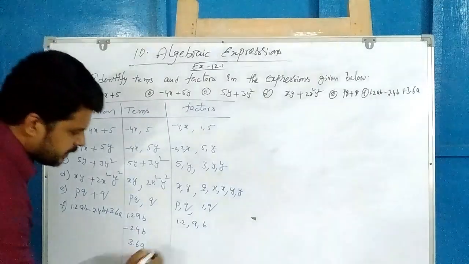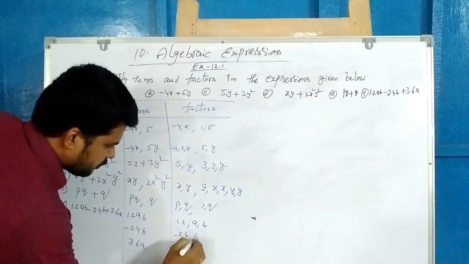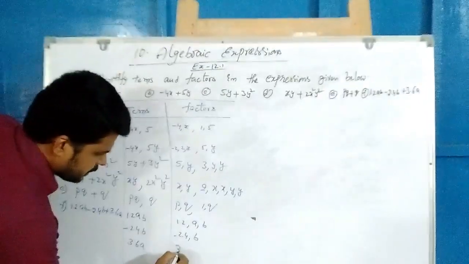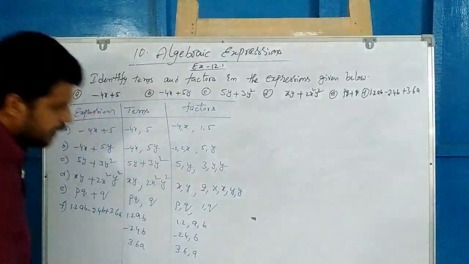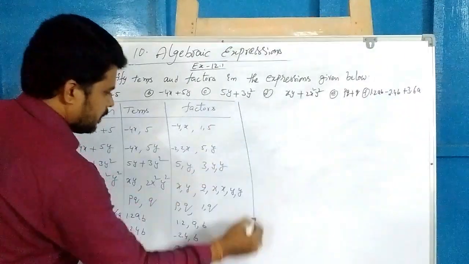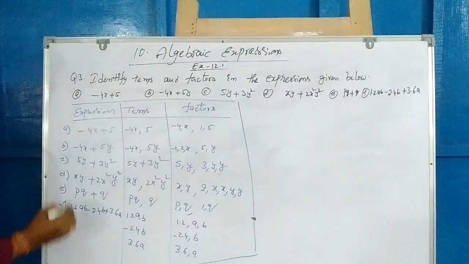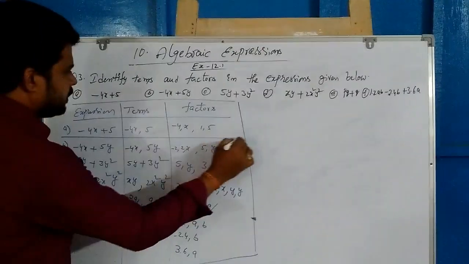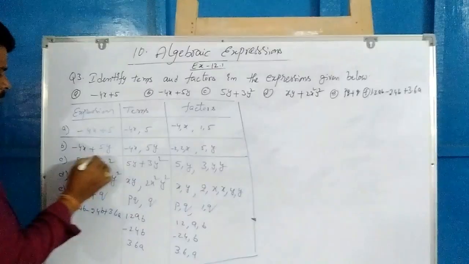Minus 2.4b factors: minus 2.4, b. 3.6a factors: 3.6, comma a. So identify the terms and factors.